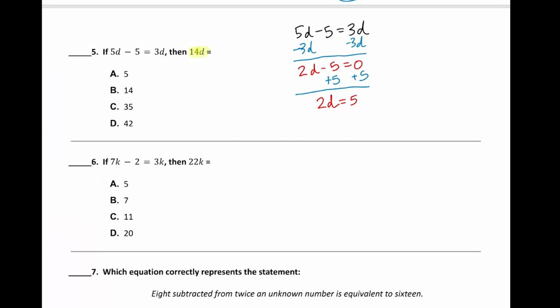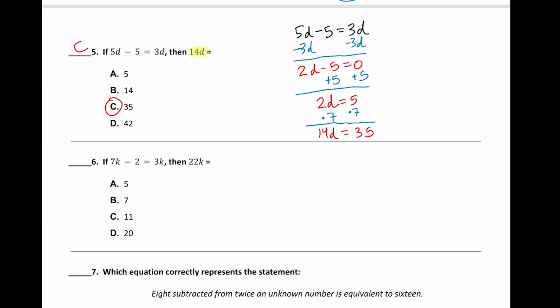So because we're not actually trying to find d here, I think the best way to go is to multiply both sides by 7. 2 times 7 is 14, so I get 14d. And 5 times 7 is 35. So 14d is 35. Notice here, once again, we didn't actually solve for d. We're looking for 14d. And we'll approach the next problem in sort of the same way.